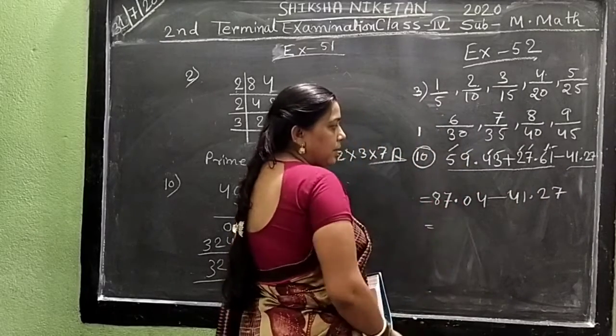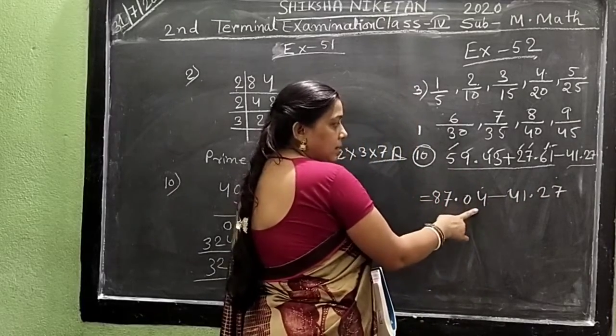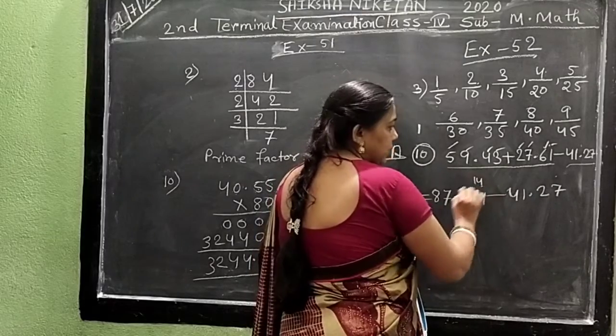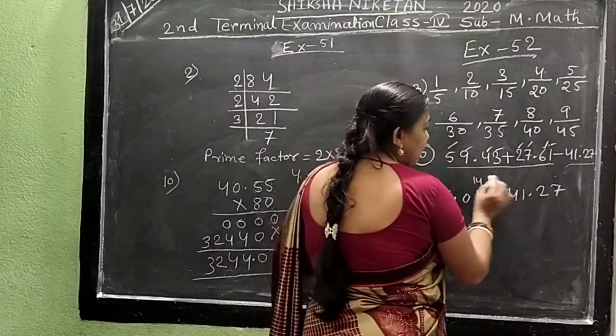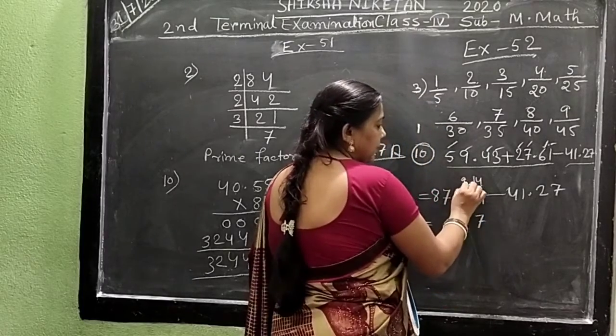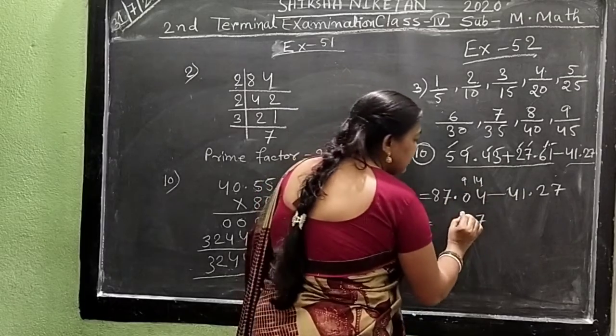Then subtract those numbers. 7 from 4. But 4 is less than 7. So take carry, 4 became 14. We subtract 7 from 14. Answer is 7. 0 became 9. We subtract 2 from 9. Answer is 7.